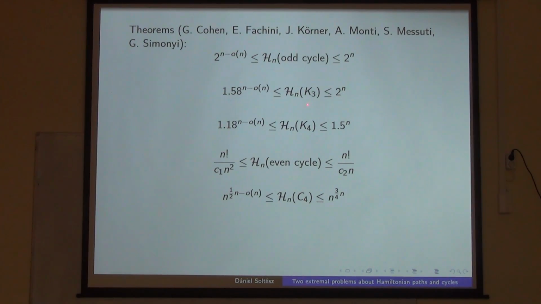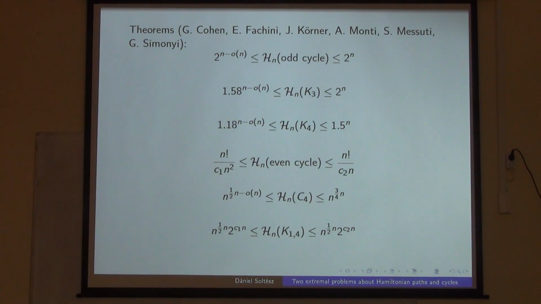I will say nothing about the proof, but I will tell you that Hn odd cycle is equal to Hn K3. So in the odd case, these two things are equal, but in the even case, they are very much different.